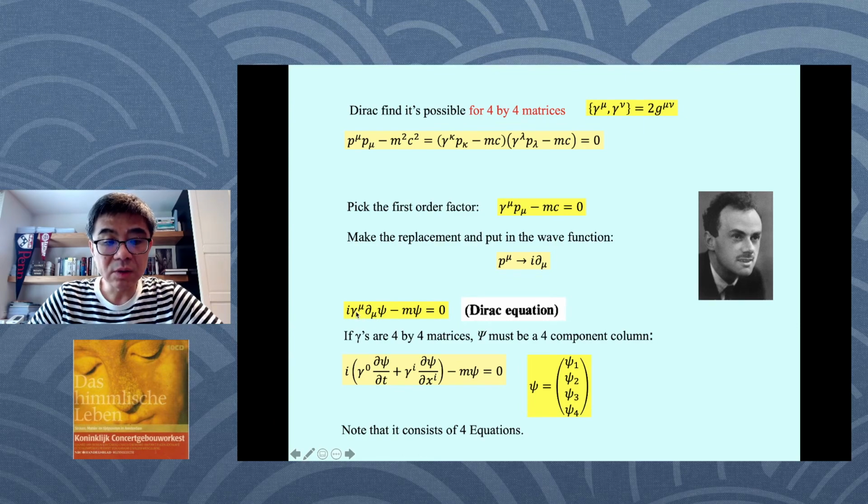Okay, so this gamma is 4x4 matrices. If gamma is 4x4 matrices, that means this psi must be a 4-component wave function. We usually call it psi 1, psi 2, psi 3, and psi 4. And because a spinor has 2 components, this new wave function is called a bispinor.